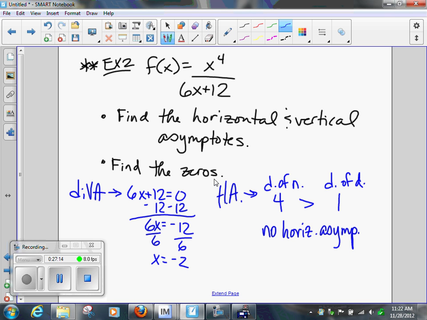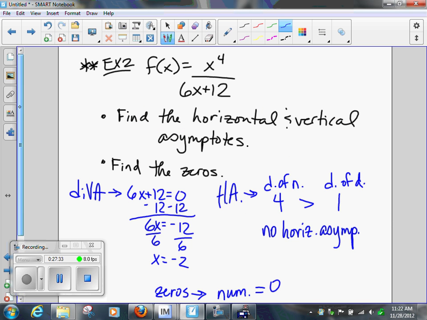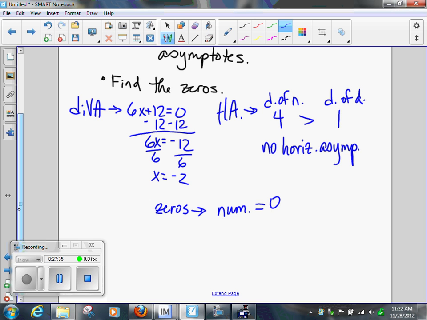You can go to the graph and find 0, or algebraically, how can we find the zeros? What did it say to do? Set the numerator equal to 0. All right, so my numerator was x to the 4th.